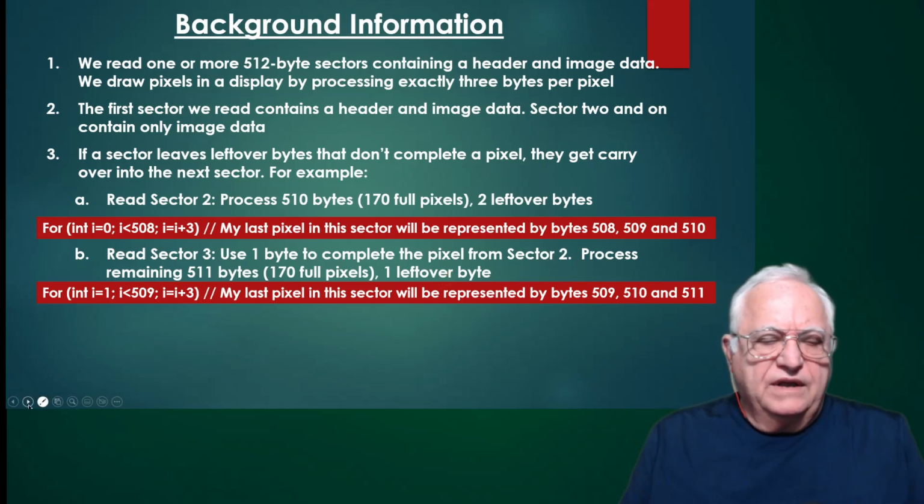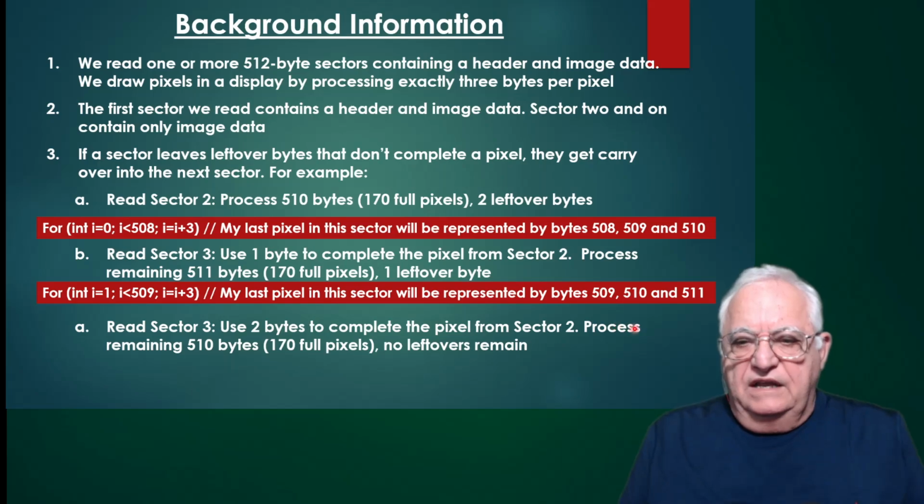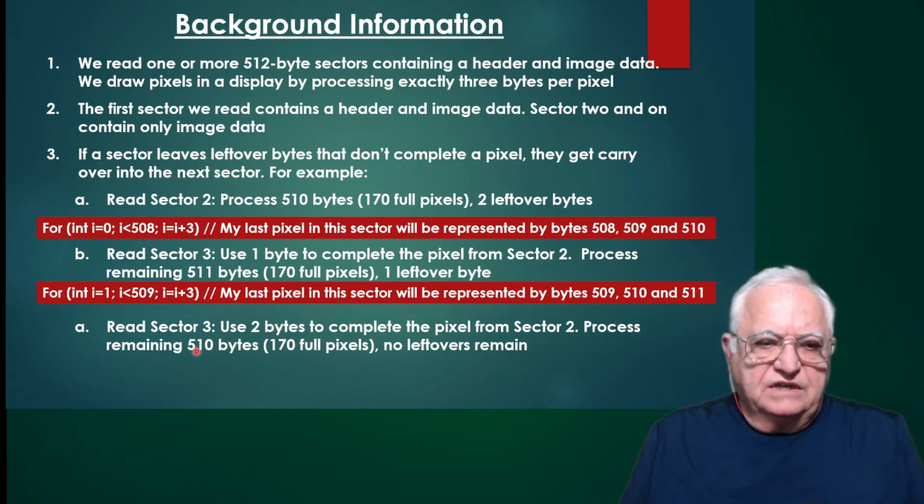So I go ahead and read again. I'm going to read sector 3. From sector 3, I'm going to use 2 bytes from that sector to complete the one that I have left over from before. And so what I have left to process are 510 bytes.